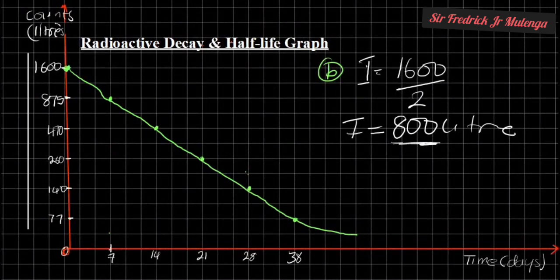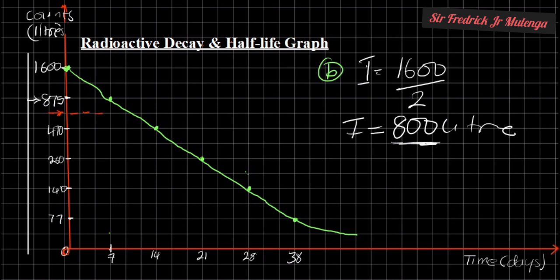So we have 787 at this point, so definitely 800 should be between here, somewhere here. That's where we can estimate our 800 liters. So we'll start moving from there until we touch the graph.